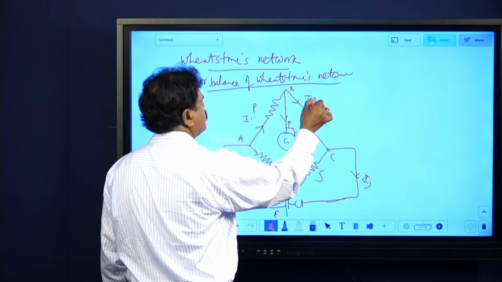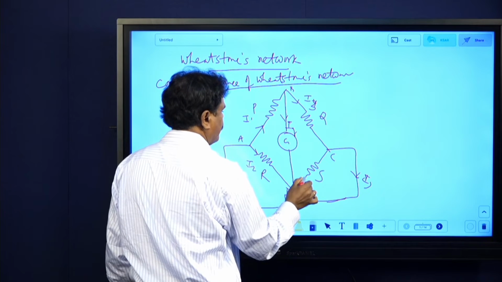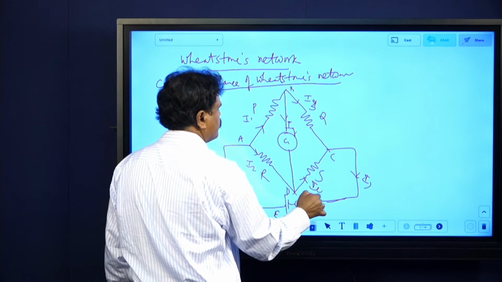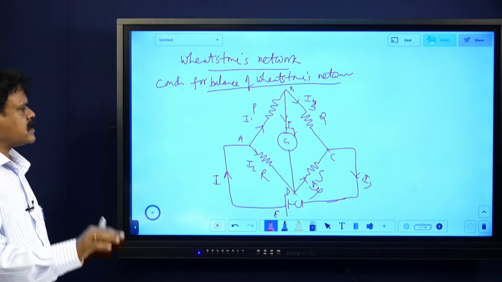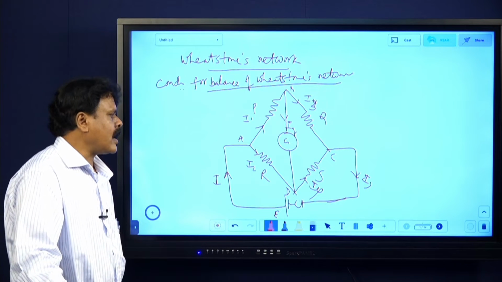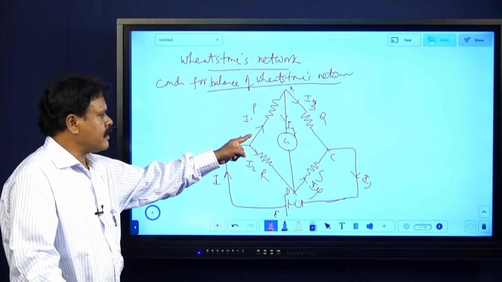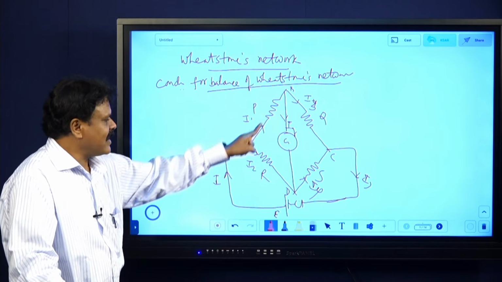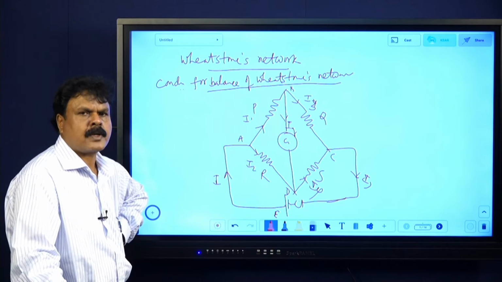Here I3, here I4. Consider a Wheatstone's network consisting of 4 resistances P, Q, R and S connected in the form of a quadrilateral. Let I1, I3, I2 and I4 be the currents flowing through P, Q, R and S respectively.